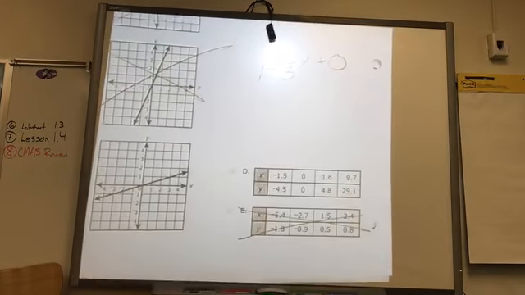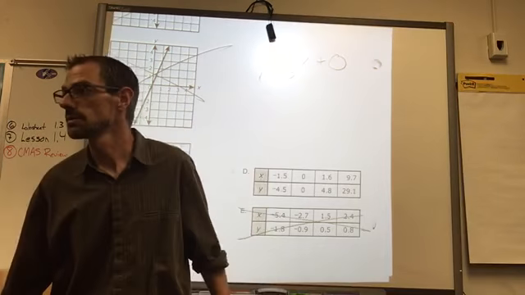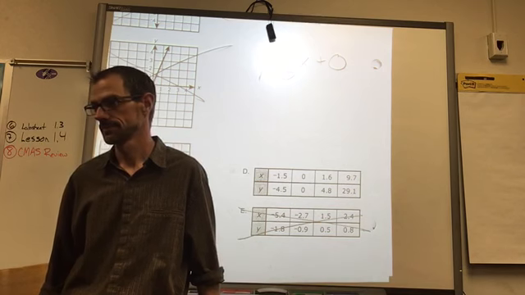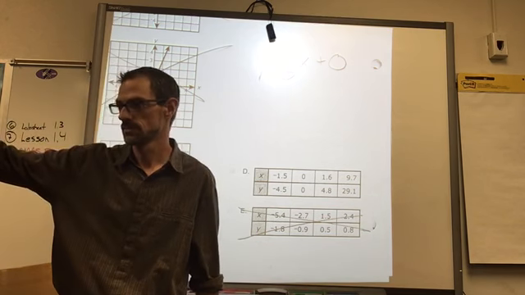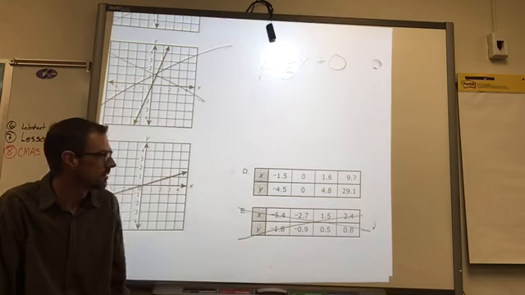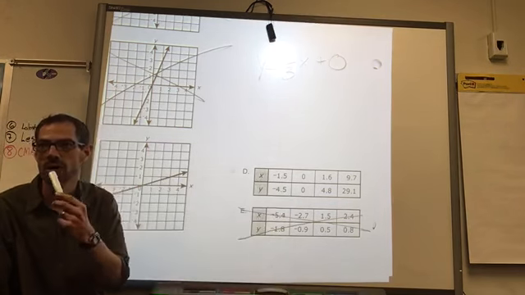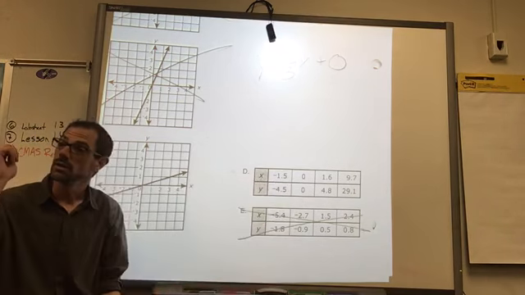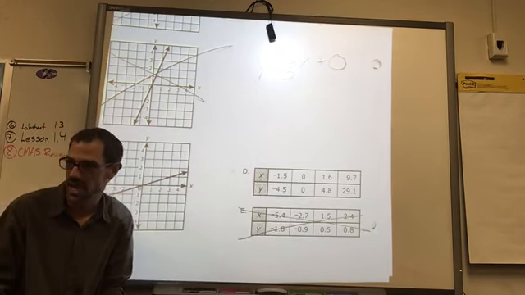Okay, now we got to go to D. This is the toughest one. Is it proportional? Yes, because it goes through 0, 0. We have to figure out, does it have a slope of 1/3?